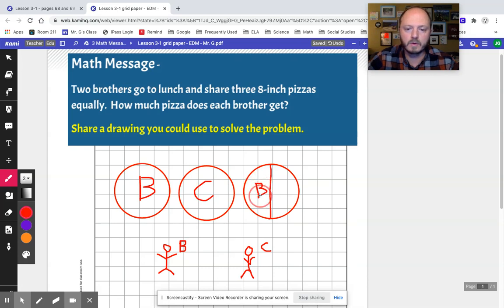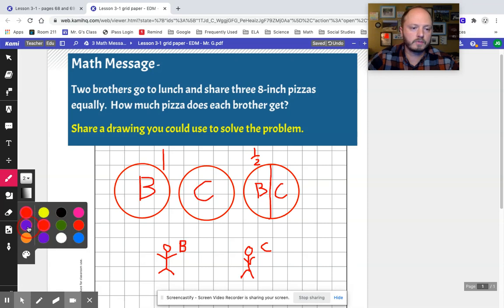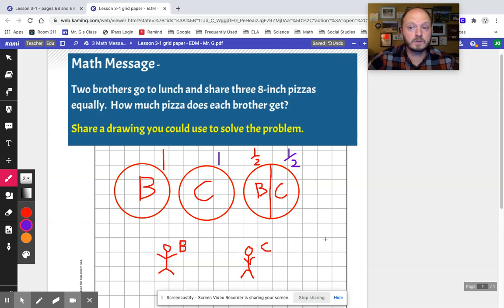And we have B, and we have C, right? So each person gets 1 whole and 1/2, right? And I'll change the color for Cole just so we can see 1 and 1/2. All right, so there's another way that we could have split these up too.